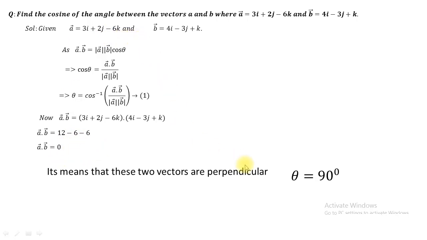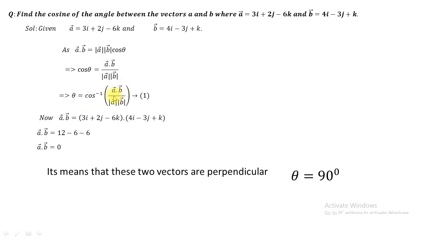So it is clear that when the dot product of two vectors is 0, then the angle between these two vectors is 90 degrees. The vectors are perpendicular. Theta is equal to cos inverse of A dot B divided by magnitude A times magnitude B, which means theta is equal to cos inverse of 0.